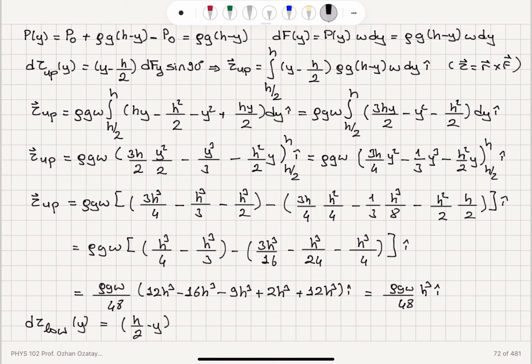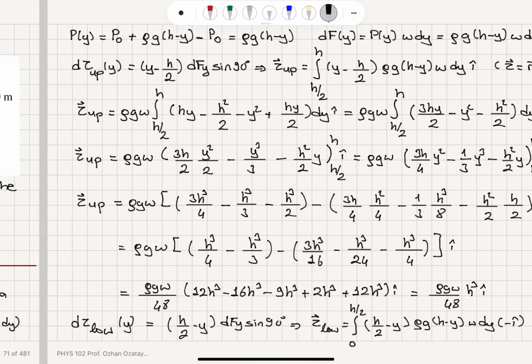The force dF, and the sine of the angle between them is 90 degrees. So that gives me the torque for the lower portion as the integral from 0 to h over 2. Now perpendicular distance h over 2 minus y, rho g, h minus y, that's the pressure, multiplied with the area of the segment w dy, and now it's in the minus i hat direction.